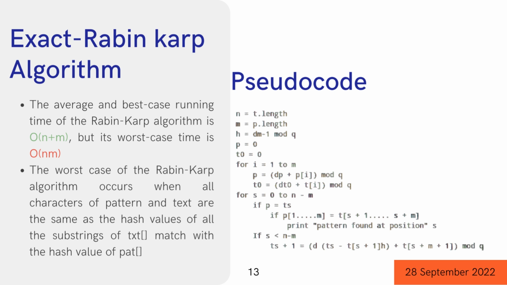So here the average and best case running time of the Rabin-Karp algorithm is order of n plus m, and the worst case is order of nm.